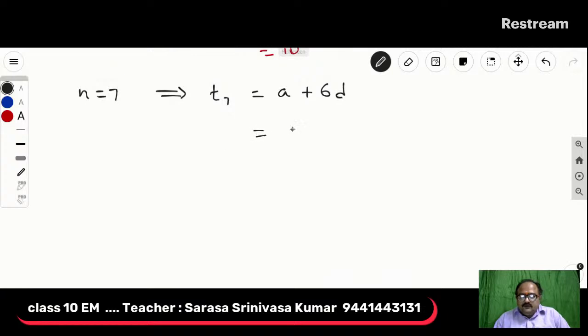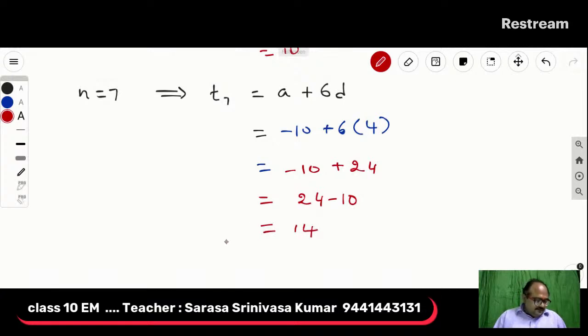This is equal to a is minus 10 plus 6 multiplied by 4. This is equal to minus 10 plus 24. So this can be written as 24 minus 10. So we get the answer T7 equal to 14.